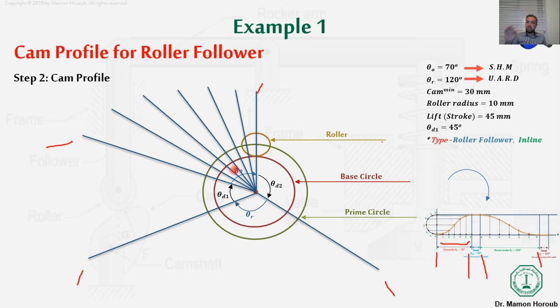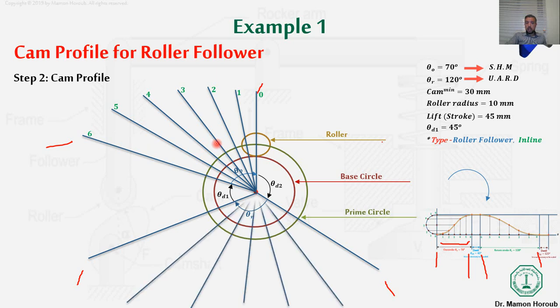Just divide 70 over 6, and it will give you the amount of degrees that you need to divide this period. After that, we need to number it from 0, which is the first line, then 1, 2, 3, up to 6. For the dwell, we don't need to do anything because we said it's a straight line. That means the distance in the sixth line will be the same here, and we'll discuss it later, inshallah.